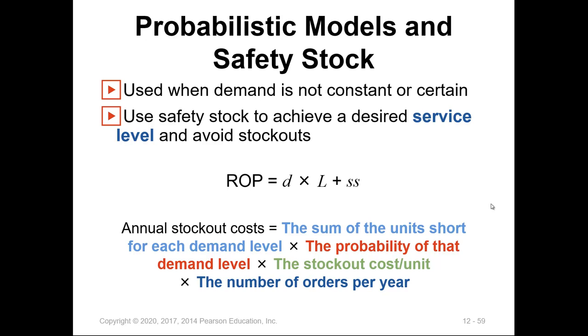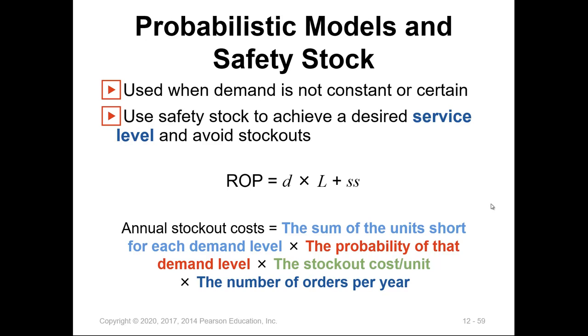Probabilistic models are real world adjustments because demand and lead time won't always be known and constant. An important concern of operation managers is to maintain an adequate service level in the face of uncertain demand.